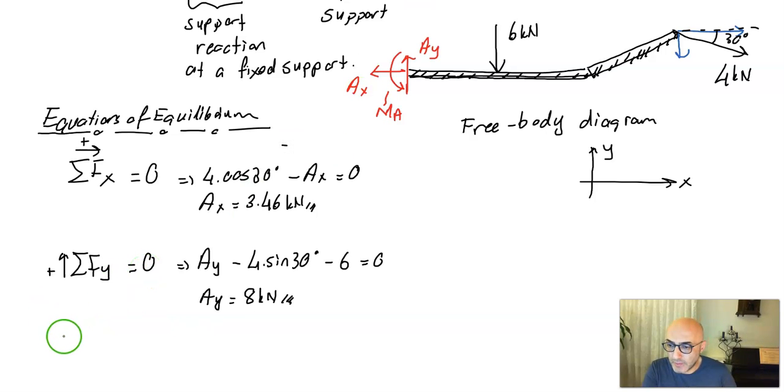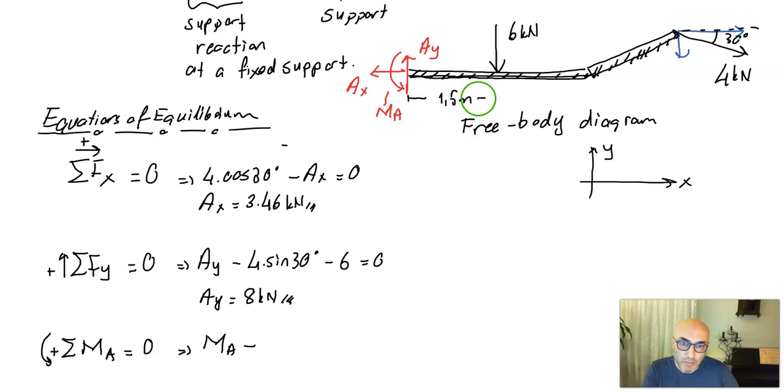Okay, and for the moment, we have the sum of the moments about point A, with the anti-clockwise direction positive, so we'll be having moment A. In the equation we have positive moment A minus 6 times 1.5 meters, and minus the components and the distances, so 4 times cosine 30 degree times the distance.